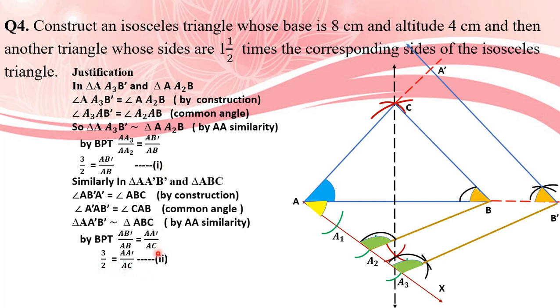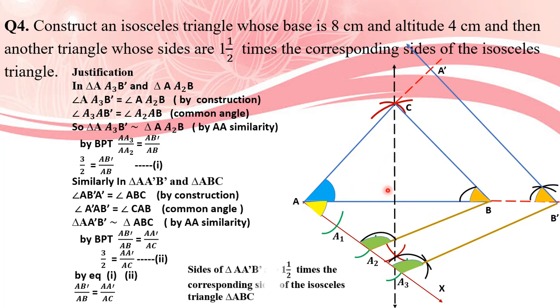Now in both the equations we have the same 3 by 2, so the left hand sides are the same. So we can say the right hand sides are also equal, meaning the ratio of the sides AB dash upon AB is equal to AA dash upon AC, that is 3 by 2 times.